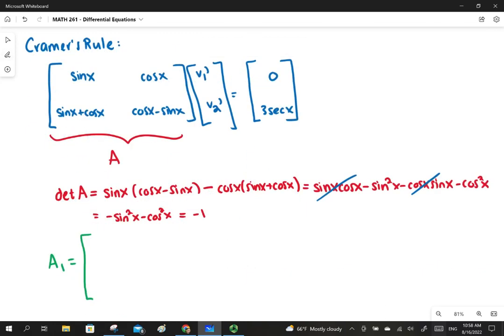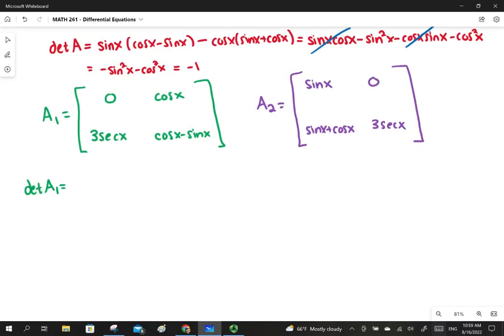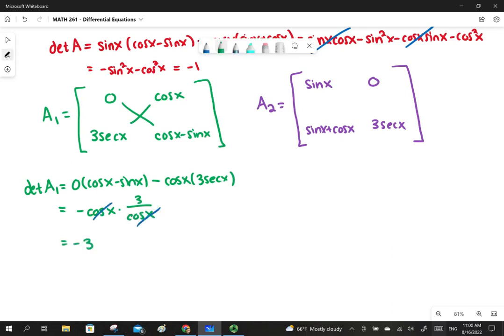Next, we need the determinants of A1 and A2. The determinant of A1 is 0 times cosine x minus sine x minus cosine x times 3 secant x, which is negative cosine x times 3 over cosine x, which is negative 3.